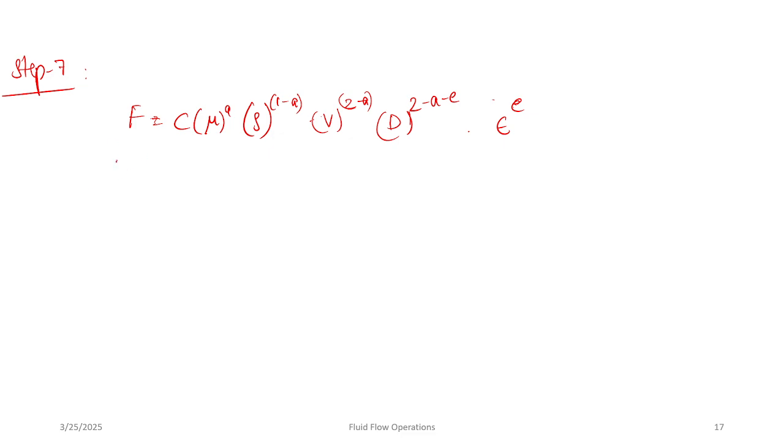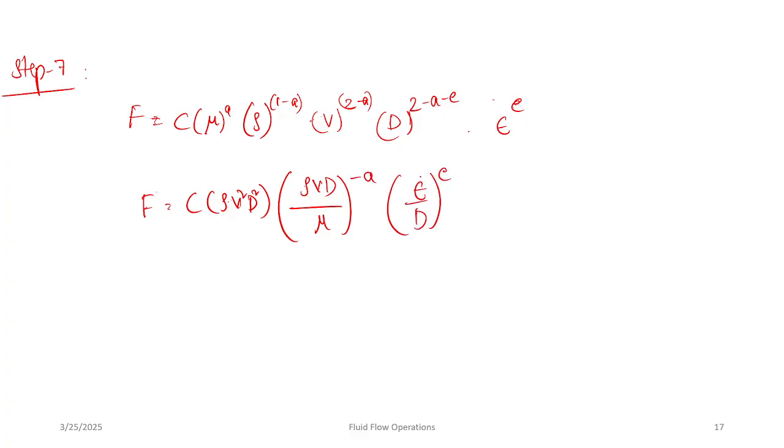So now just collect all the variables which don't have A and E. So it becomes F is equal to C into rho V square into D square, and also collect the other variables, A and E. So it becomes rho V D by mu power minus A, and we also have epsilon by D power E.